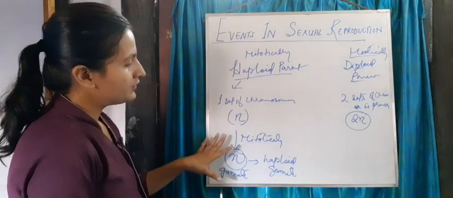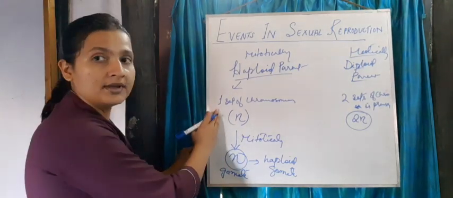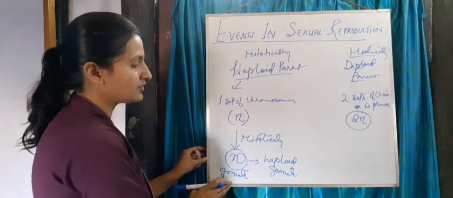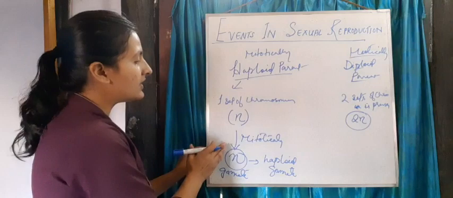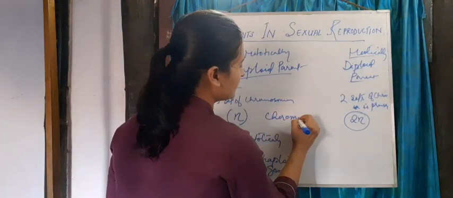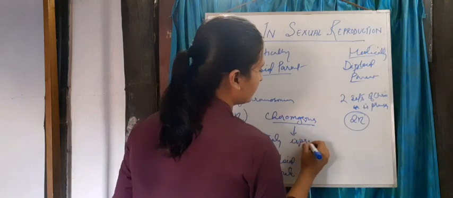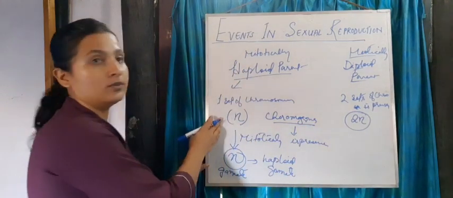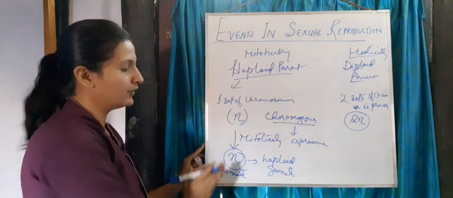In mitotic division, where the parents are haploid, they give rise to haploid gametes. Even the offspring will possess haploid gametes. Here the chromosomes, or you can say gametes' chromosomes, are preserved. If there is one set, then their progeny, their offspring, will also possess one set of chromosomes.